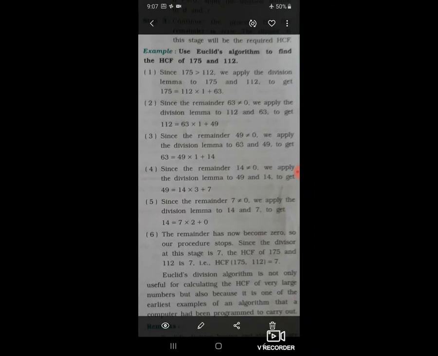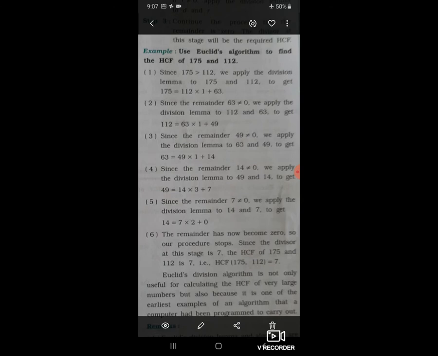For example, use Euclid's algorithm to find the HCF of 175 and 112. First, since 175 is greater than 112, we apply the division lemma to 175 and 112 to get 175 = 112 × 1 + 63.